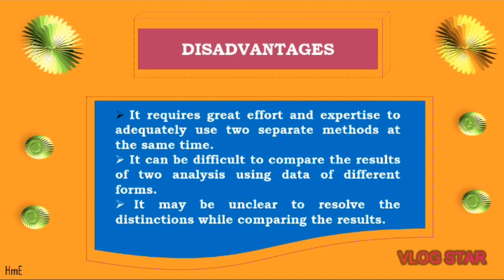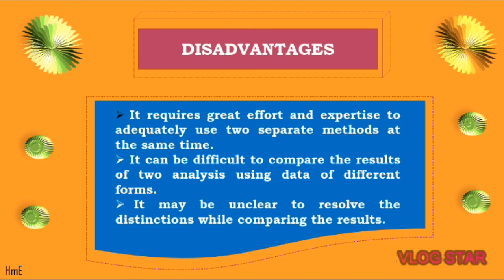Number one, it requires great effort and expertise to adequately use two separate methods at the same time. So the researcher needs great efforts or expertise or skills to use the separate methods, otherwise it will create some kind of confusions or throw-offs.